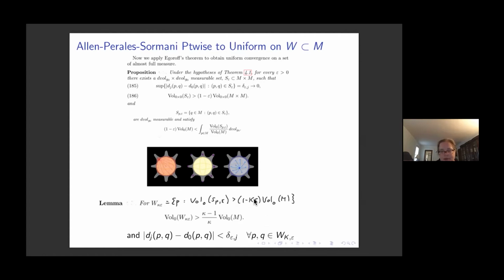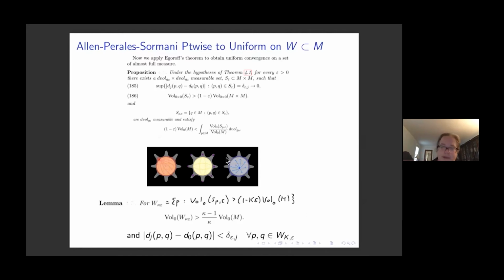The K here is how good the estimate is. Well, that's exactly what we needed. We needed a set W that was nicely behaved for all P's and Q's in W. So by only choosing our large volume guys, we're actually able to control all the P's and Q's in that W.